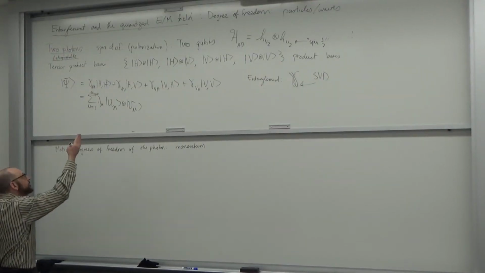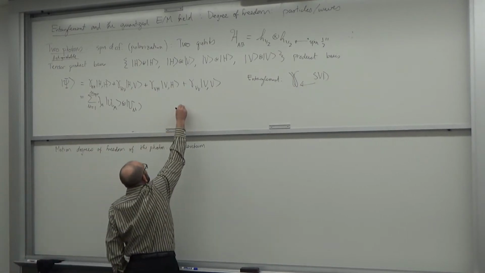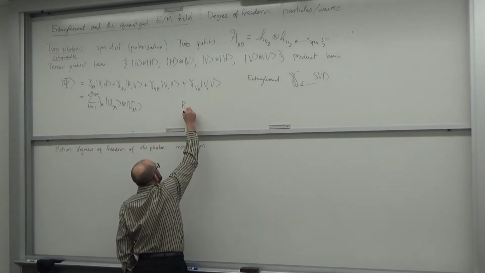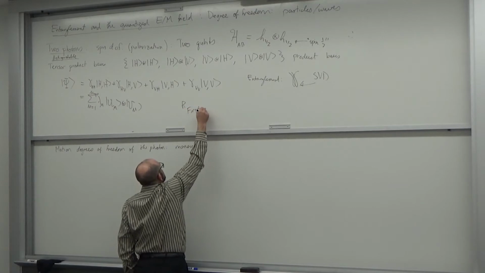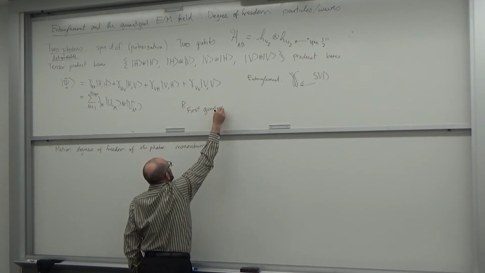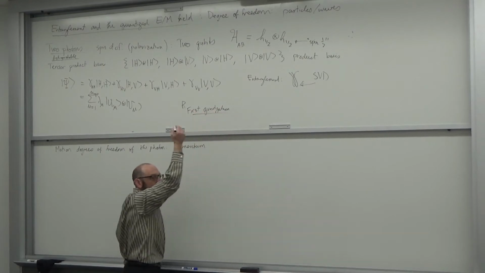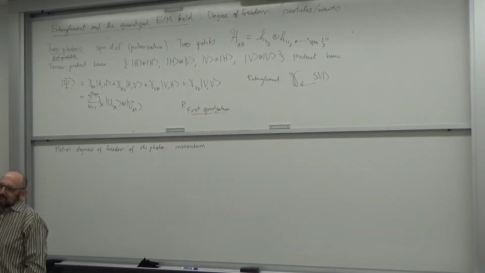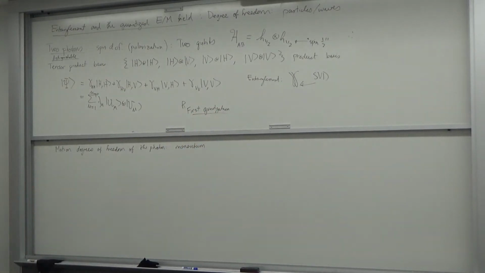So when we write this down, this is a kind of first quantized notation, where we think about these as particles in the same way that we think about the electron and its spin, spin up and spin down, and we write down a spin state.